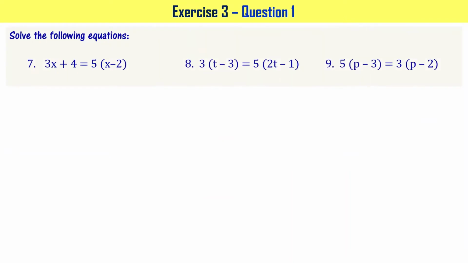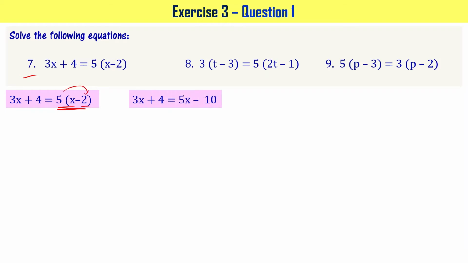The next question is seventh problem, that is 3x plus 4 equal to 5 times x minus 2, right? Let me first expand this. This can be written as 5 times x, 5x, minus 5 times 2, 10, right? Let's write that. 3x plus 4 equal to 5x minus 10, right?